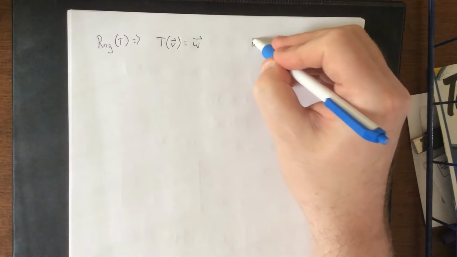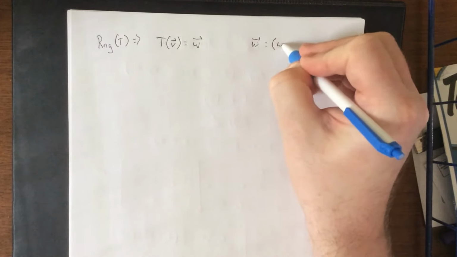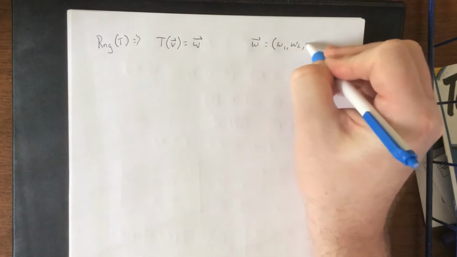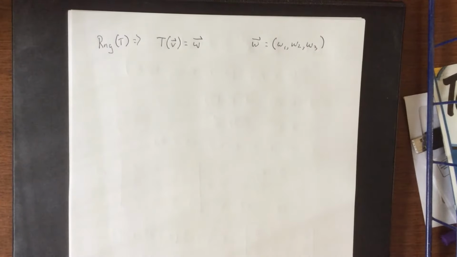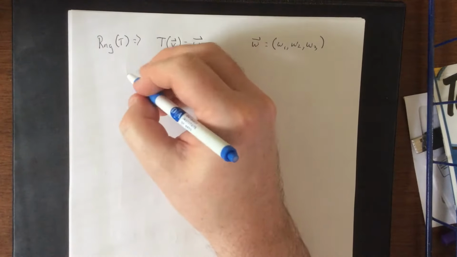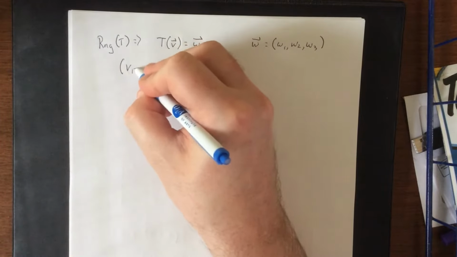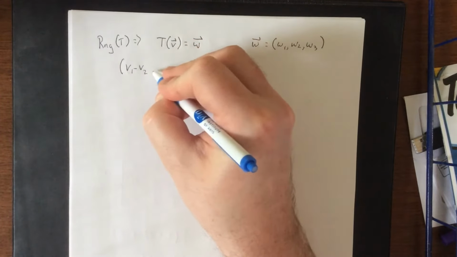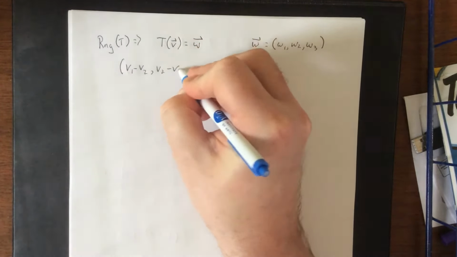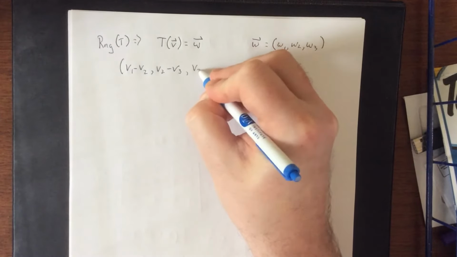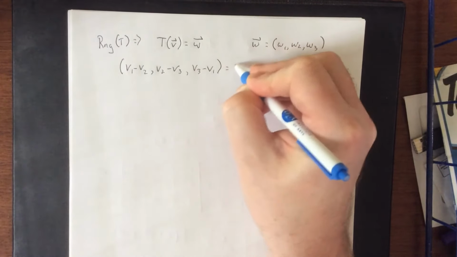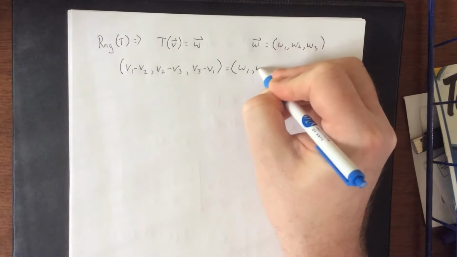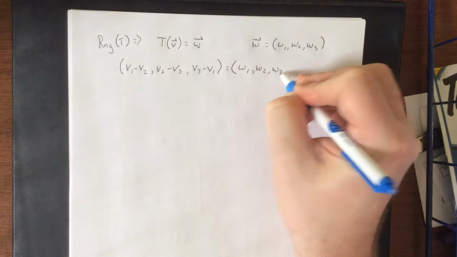So we're going to define w as being the vector w1, w2, w3. So what we would be saying here is that v1 minus v2, v2 minus v3, and v3 minus v1 is equal to the vector w1, w2, and w3.